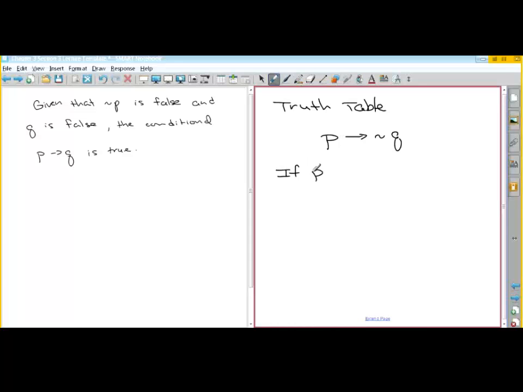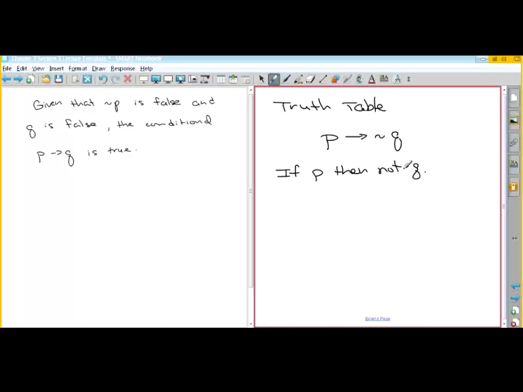This is if P, then not Q, instead of if P, then Q. We need a truth table that has P and Q to get all the combinations of trues and falses like we normally do. And then we'll need three additional columns to handle the logic statement.